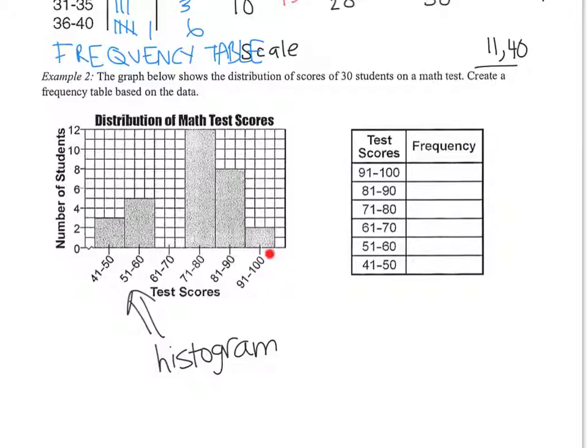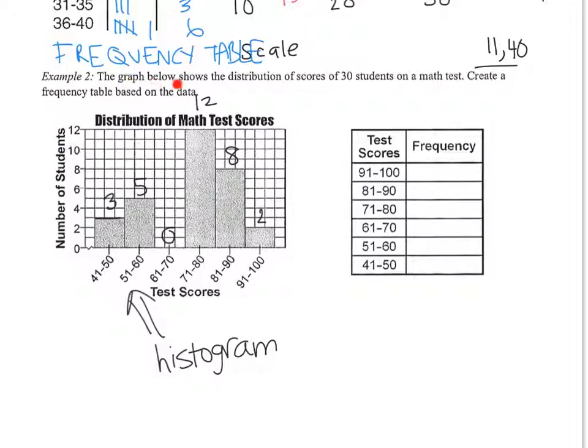These are intervals. It doesn't just read 41, it's 41 to 50, that's an interval. I'm going to label how many for each one. This would be 3 students. This one's 5 students. 0 students scored between 61 and 70. 12 students, 8 students, and 2 students.